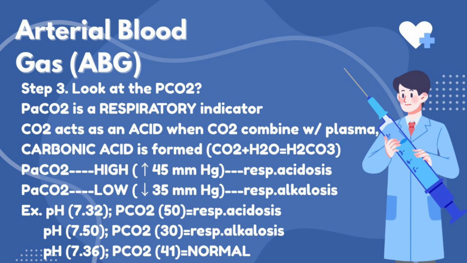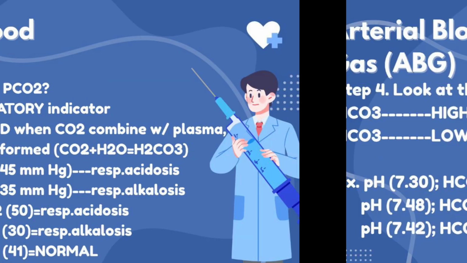Low partial pressure of carbon dioxide means respiratory alkalosis. Let's see the example here. The pH is 7.32 and the partial pressure of carbon dioxide is 50. This is respiratory acidosis.